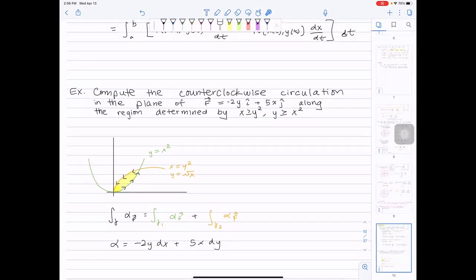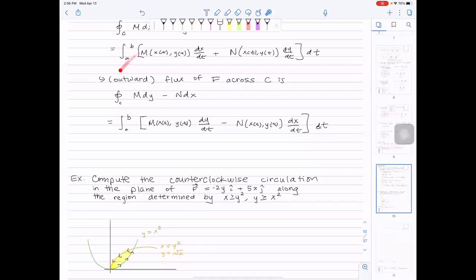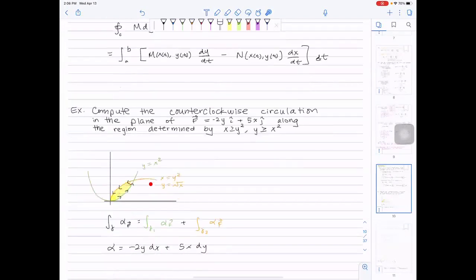Using these previous definitions from last week, think about what parameterization you want to use for our green line and our orange line, and see if you can get any results.